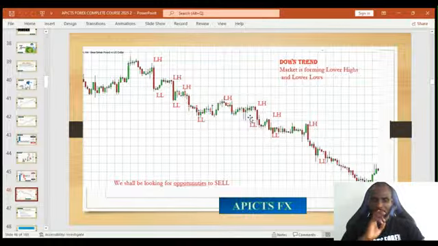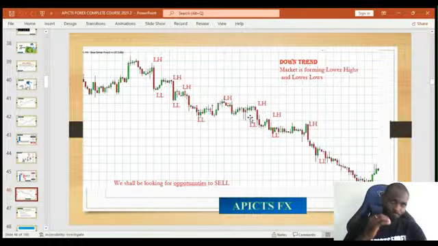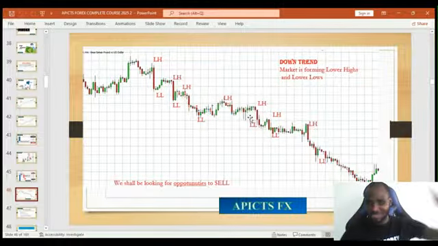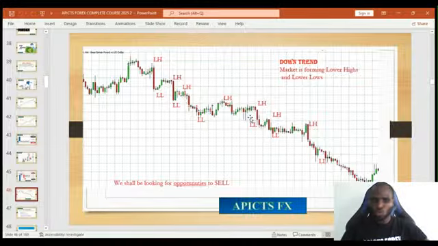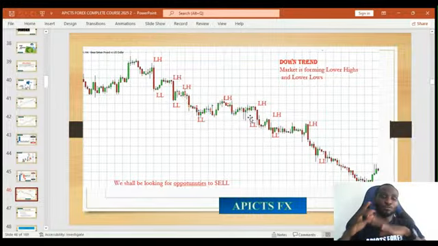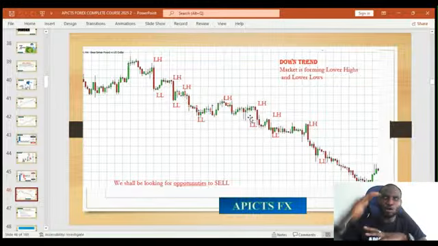Now, what does that mean? As you can clearly see on your screen, the market is going down, the price is going down. When the market is in a downtrend, LH stands for lower high and LL stands for lower low. Yesterday we were talking about the anatomy of the candlestick: the upper wick, the lower wick, and the body of the candle.